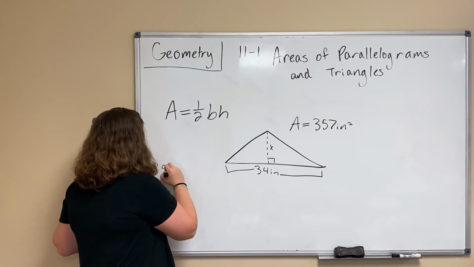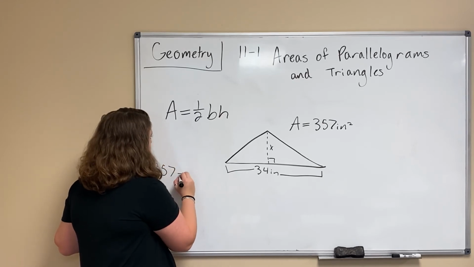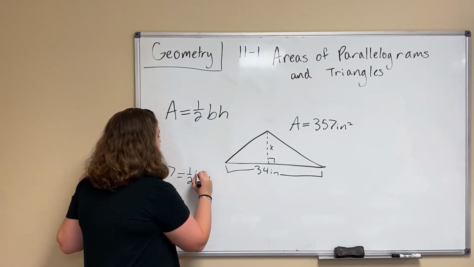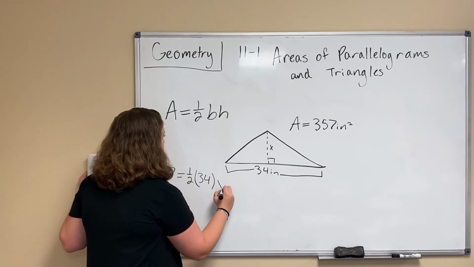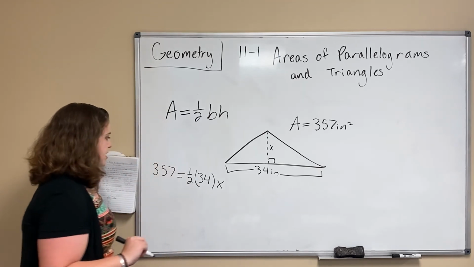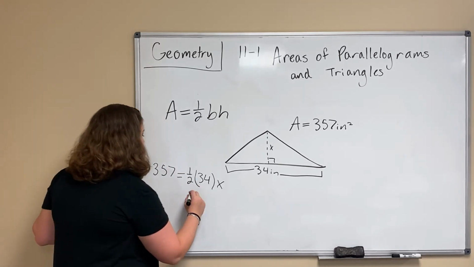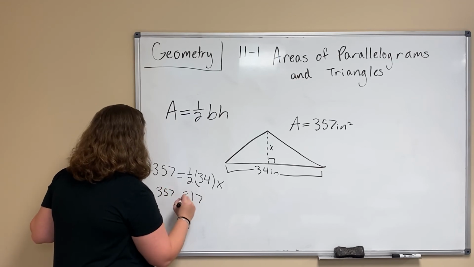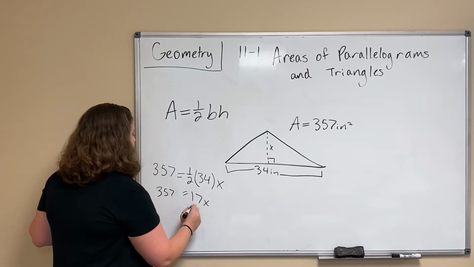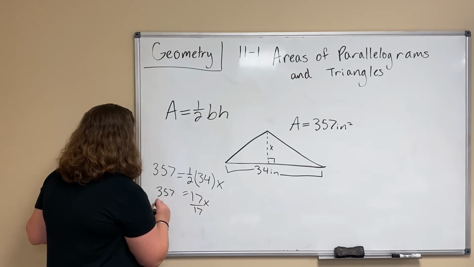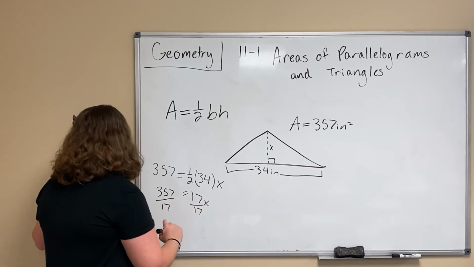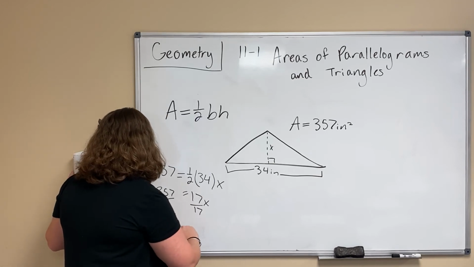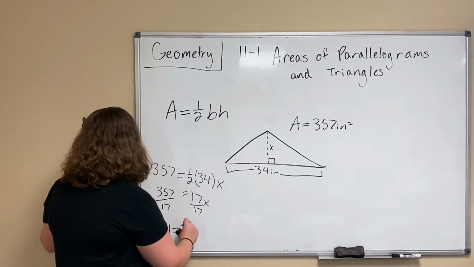Area is 357 equals 1/2 times our base, which is 34, times our height, which is what we don't know, so it's our x. Half of 34 is 17. So we get 357 equals 17x. I'm going to divide by 17, and I'm going to get 21 equals x.